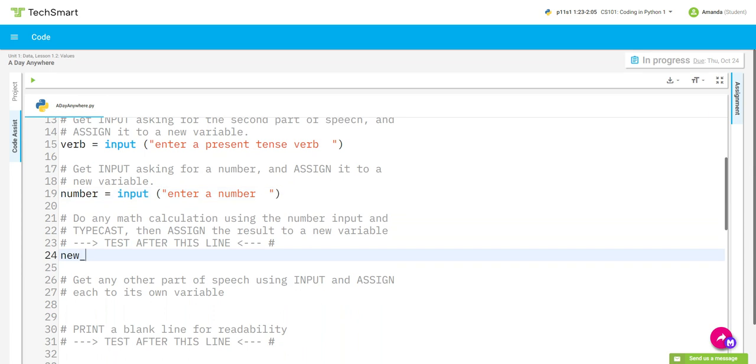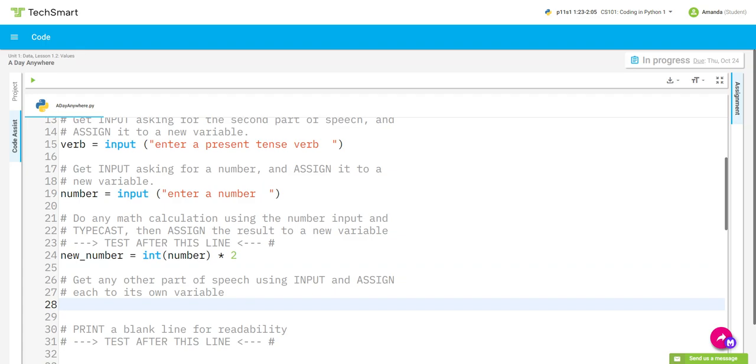Okay, I say new number equals typecast, then assign it to a new variable, equals integer number times 2. Okay, get any other part of speech using input.